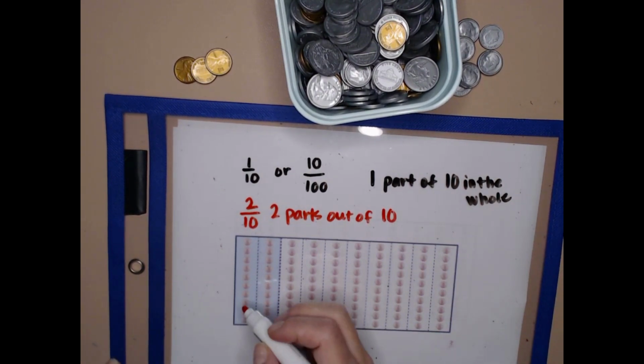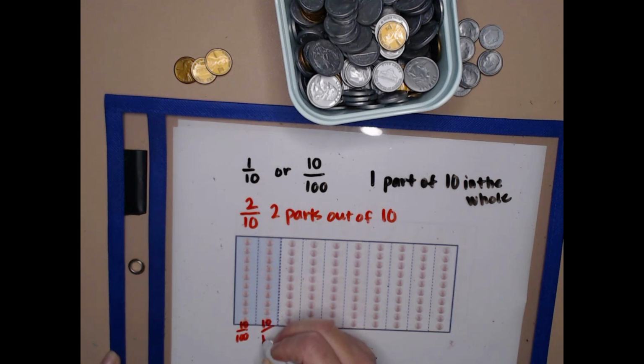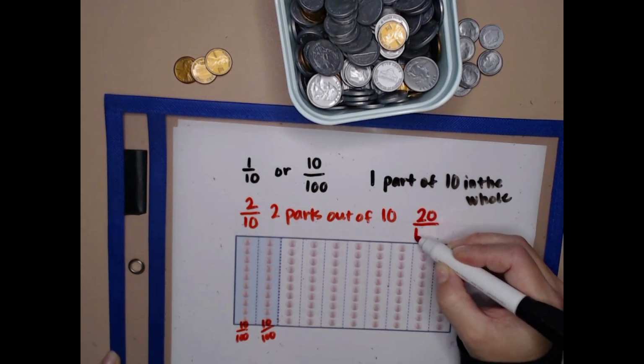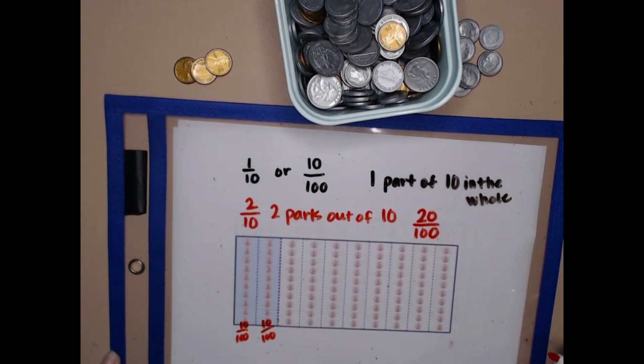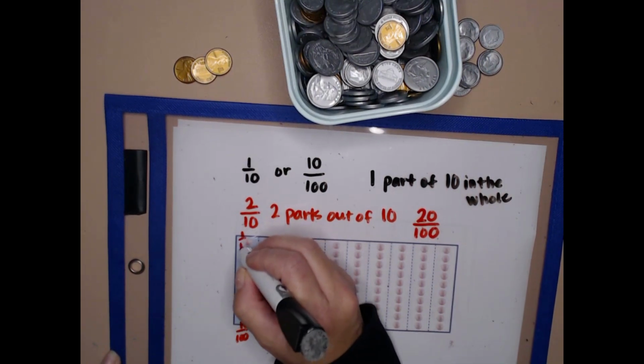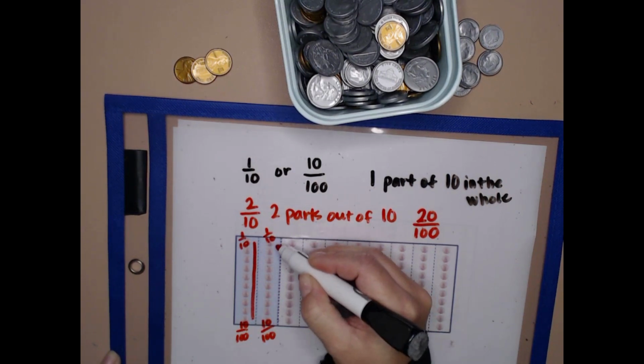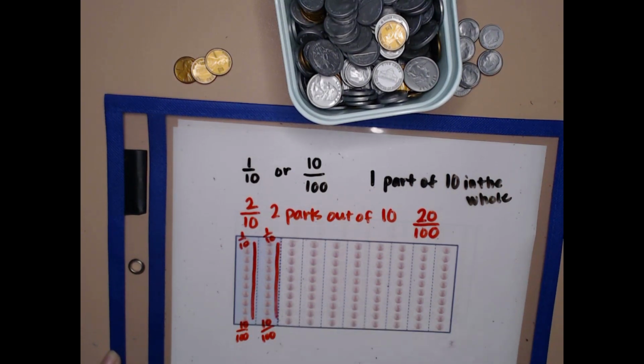Or what if I called them, this is 10 100ths, this is 10 100ths, so now I have 20 hundredths. I could either say I have 2/10, 1/10 plus 1/10 if I am talking about the entire row as a dime, 1 out of 10, 1 out of 10.